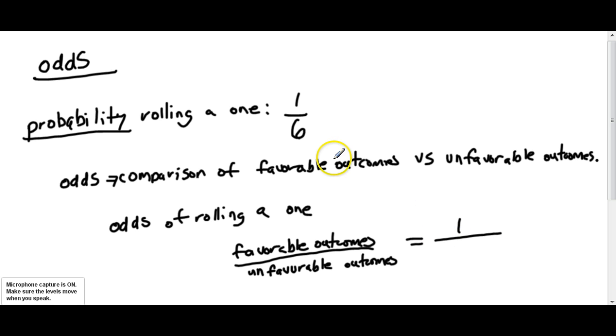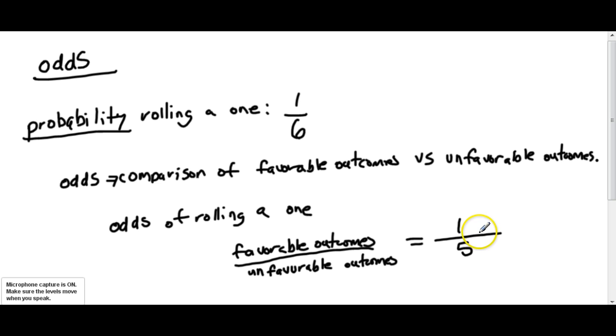And the unfavorable outcomes is not 6, because 1 is included in the 6. If you're not going to roll a 1, you're going to roll a 2, 3, 4, 5, or 6, which is the 5 other numbers. So odds of rolling a 1 are favorable, which is 1 chance or 1 shot, compared to the unfavorable outcomes of rolling a 1, which is 5 against. So basically it's 1 for and 5 against.